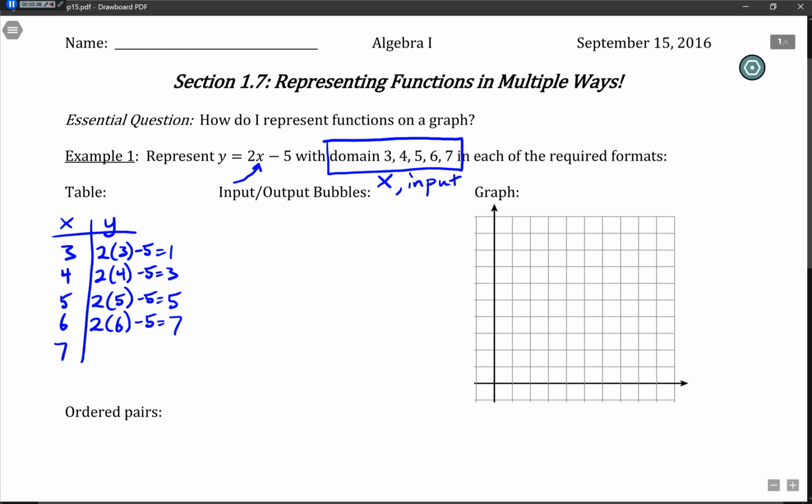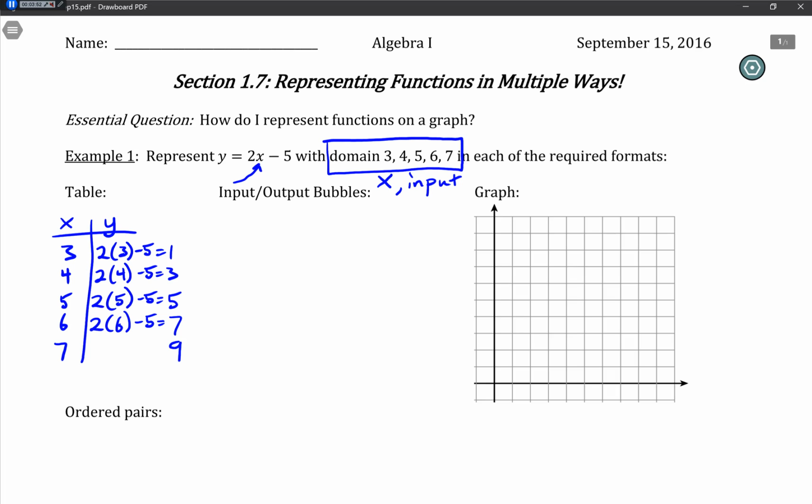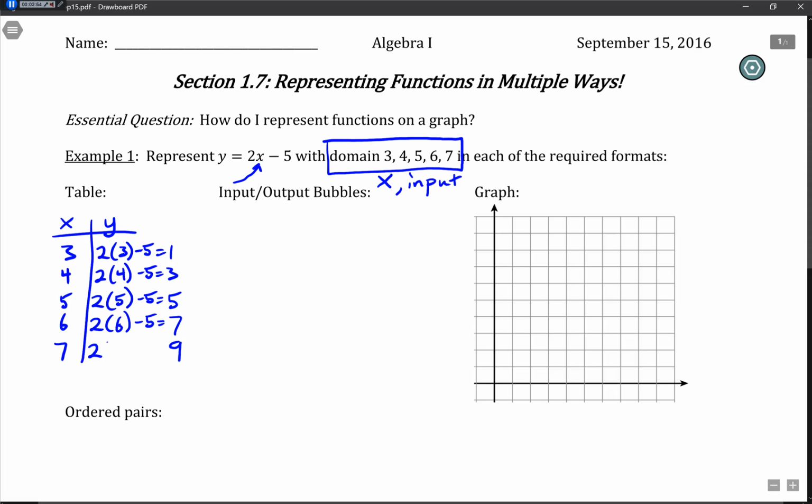Now hopefully you guys are noticing a pattern here. Do you notice a pattern in what's happening with the y's? You might be able to predict what's going to happen next. I'm predicting 9. See if you can figure out why I'm predicting 9, and let's just see if it works out that way. So when I plug in 7, 2 times 7 is 14, minus 5 is 9.